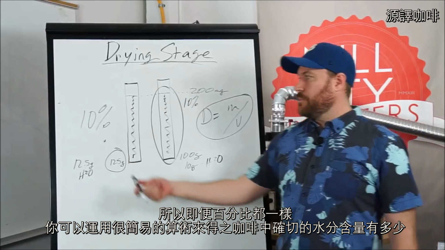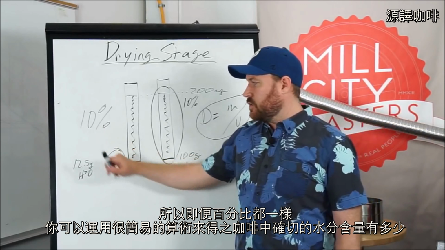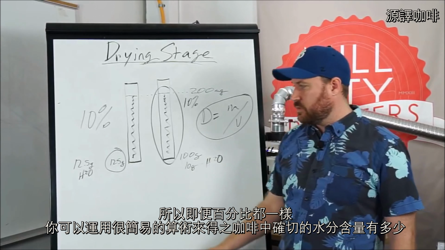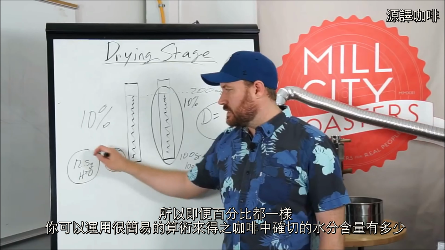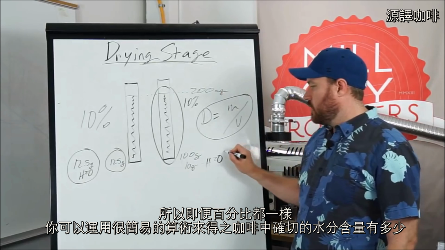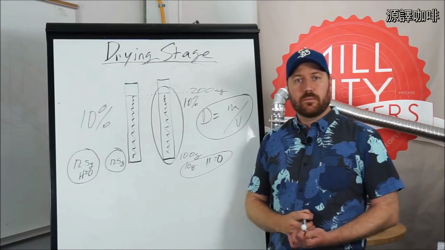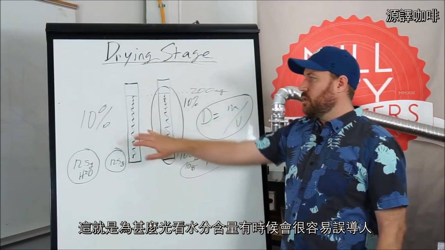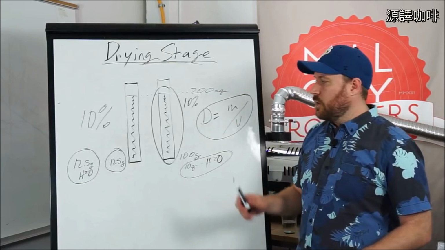So even though my percentage is reading the same, I can use that percentage mathematically, do some algebra, and you can look at exactly how much water you have in that particular coffee, okay? So that's why the percentage of moisture can be very misleading, okay?